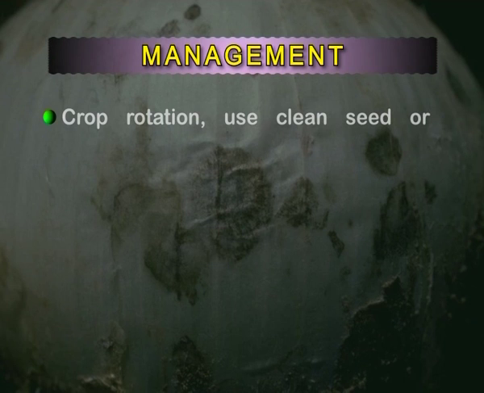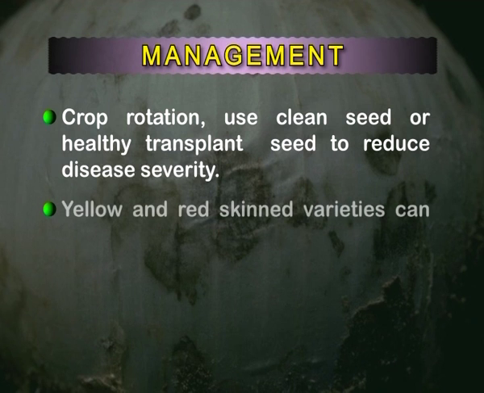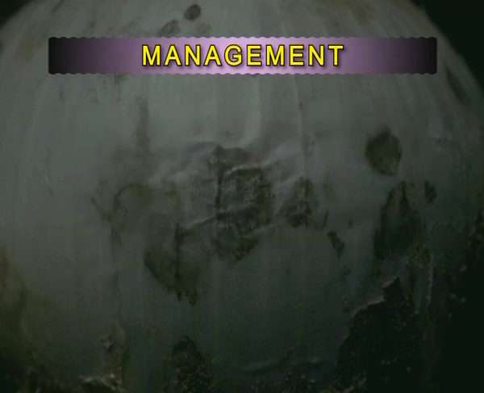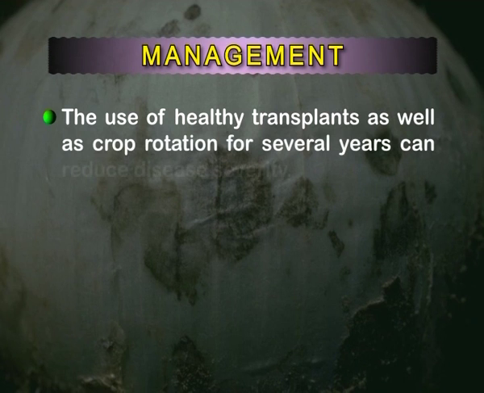First of all, crop rotation. Use clean seed or healthy transplants to reduce disease severity. Yellow and red skin varieties can be used in areas where disease pressure is high. The use of healthy transplants as well as crop rotation for several years can reduce disease severity.